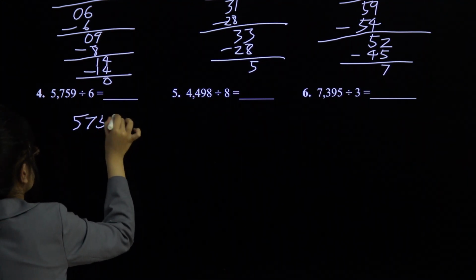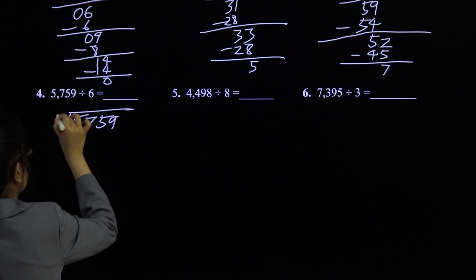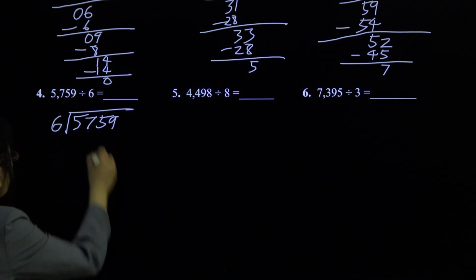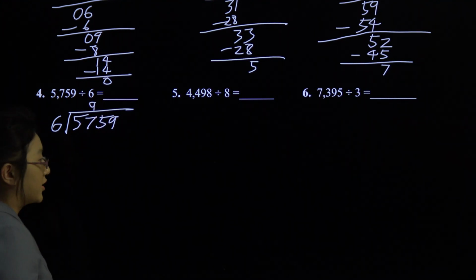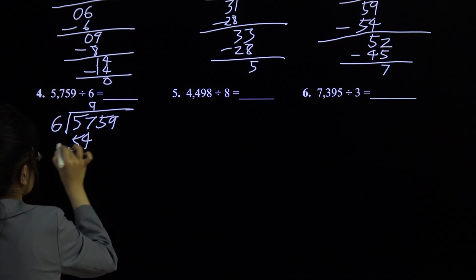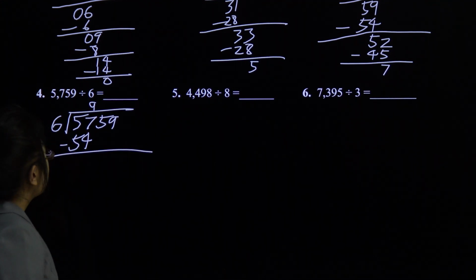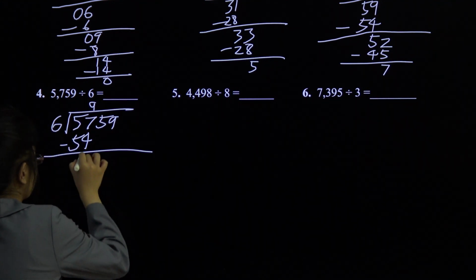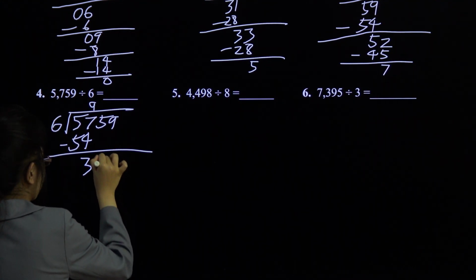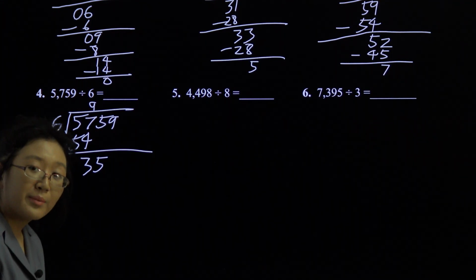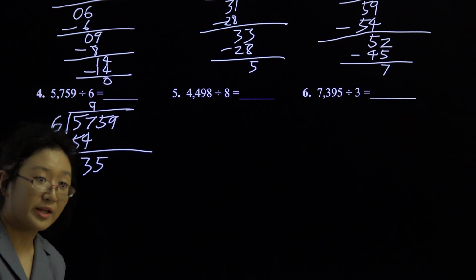5,759 divided by 6. 6 doesn't go into 5, but it does go into 57 9 times. So you write the 9 on top of the 7. 57 minus 54, which is 6 times 9, is 3. And then you drag down the next digit. As you can see, remembering your multiplication table is extremely important.